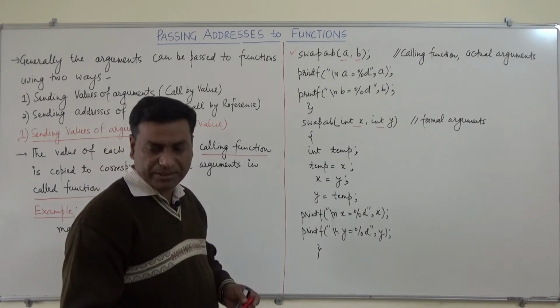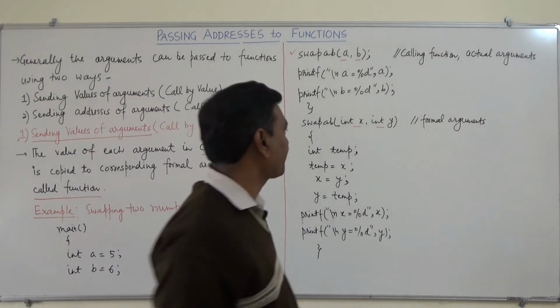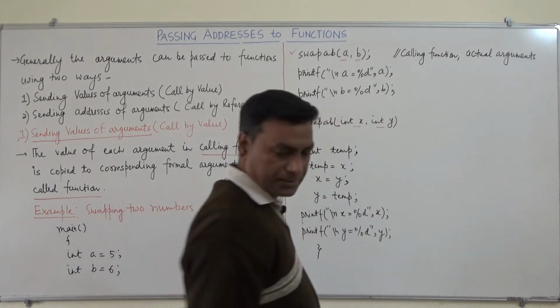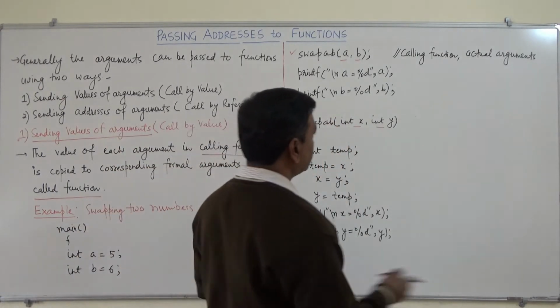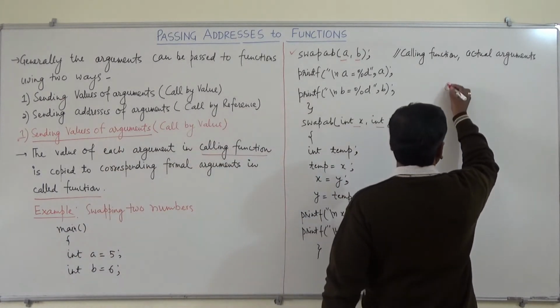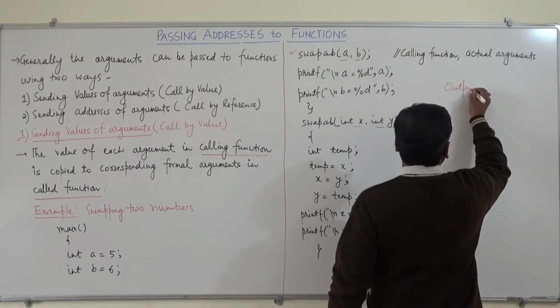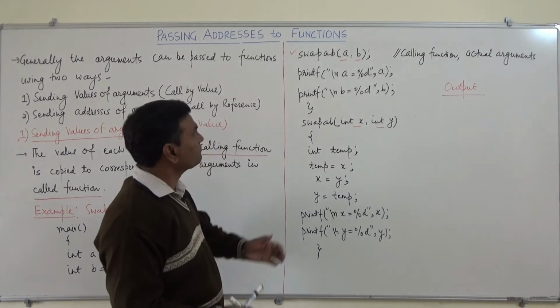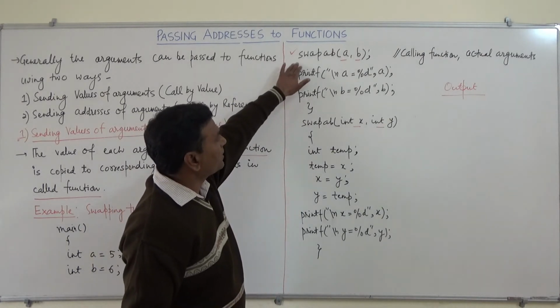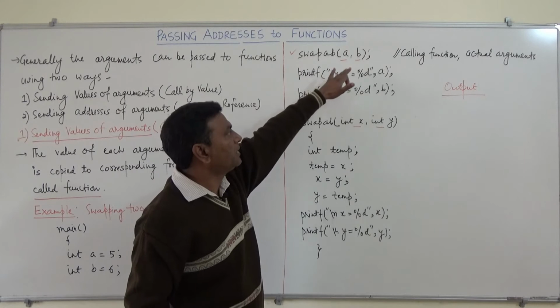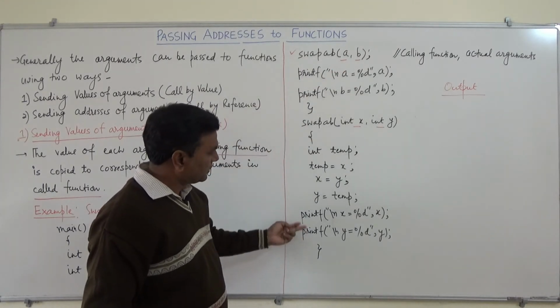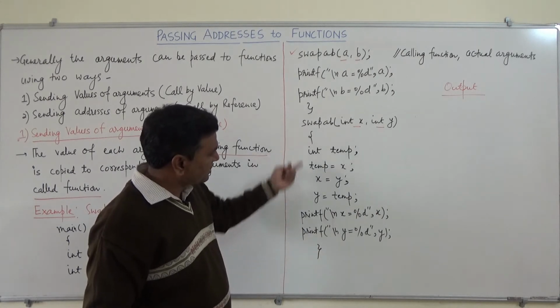So we can take its output here. Output is, now see, here we are calling the function swap a, comma b. It means we are calling this function.